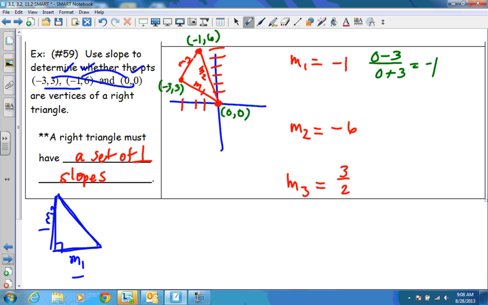So I can do change in y, 6 minus 3 over change in x, negative 1 minus negative 3. x1, y1, x2, y2. So 6 minus 3 over negative 1 minus negative 3.